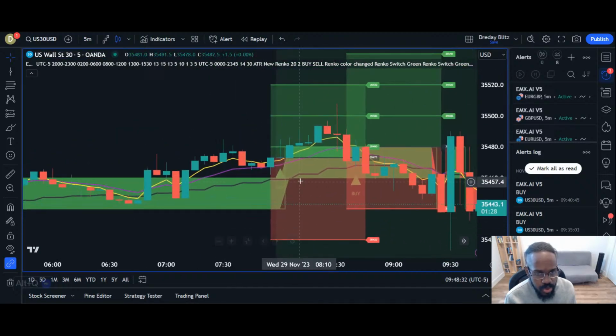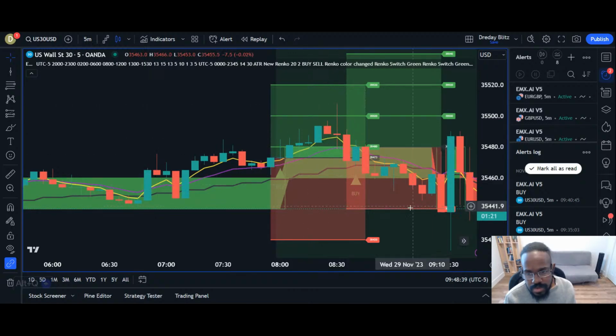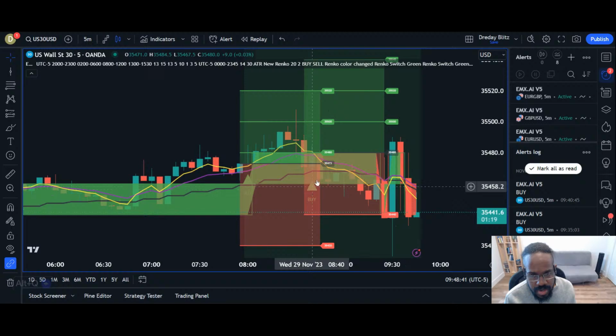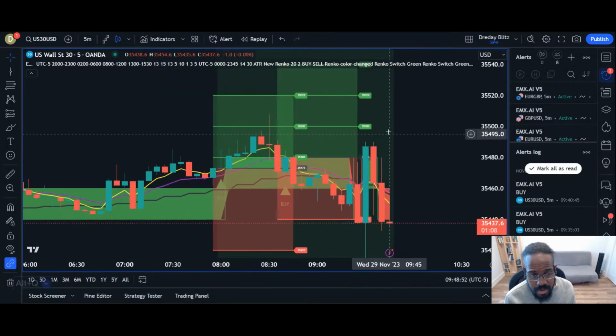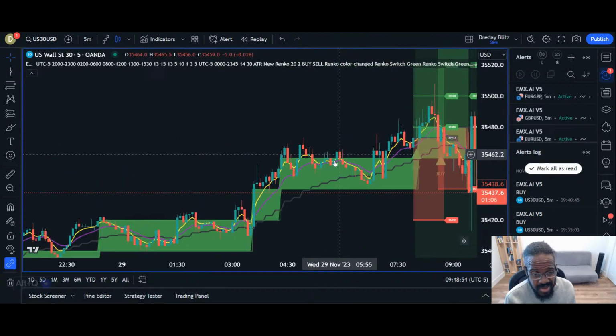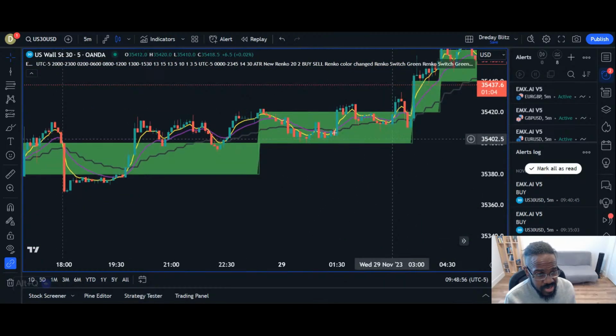So you had multiple buy entries here. So the first one went to TP1 and TP2. Okay, then you had another one here, but this one went to not even TP1. Okay, but the trend was still bullish.